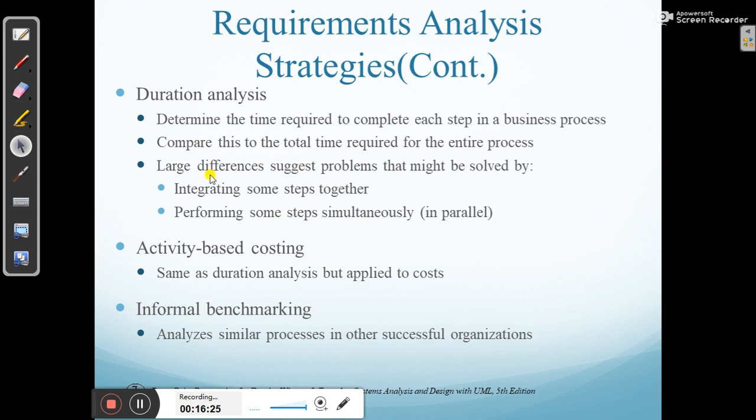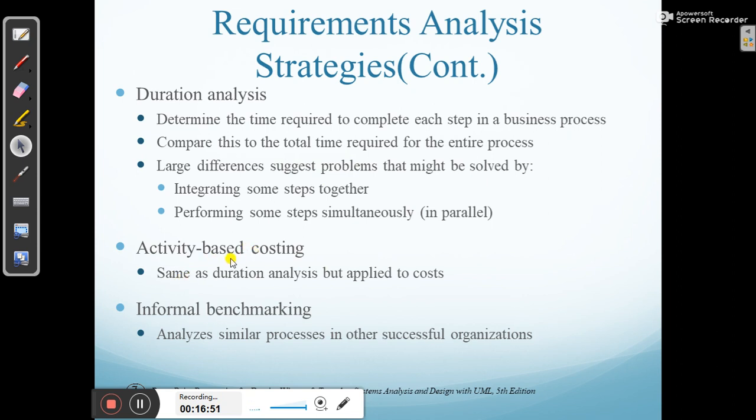Means some parts of your system development phases you might integrate in one step, or perform some steps simultaneously in parallel. So these are the things which need to be analyzed to find out the duration of your project, because time is also a requirement thing.